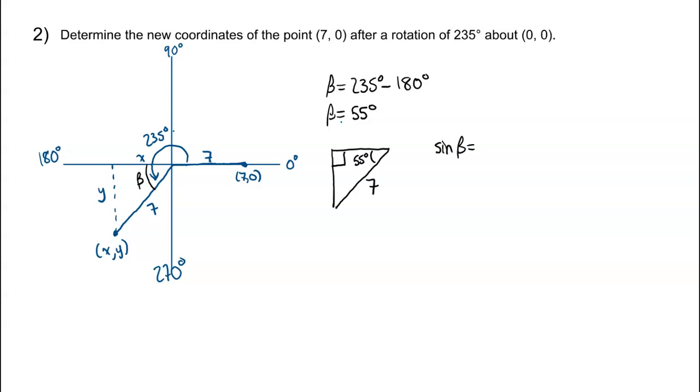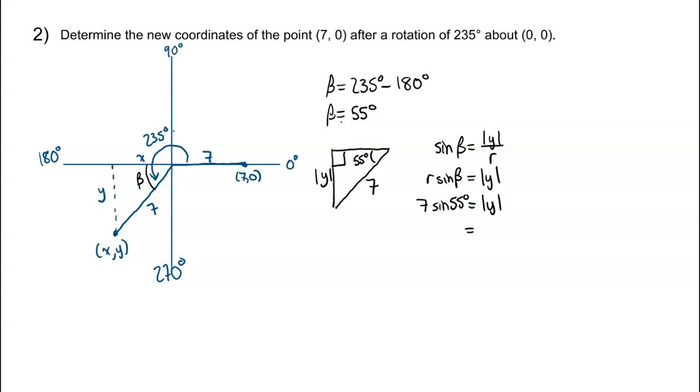Now, sine of that angle, the related acute angle beta, is equal to the opposite side, the y coordinate. We're going to focus on the magnitude of y, just the value, and not worry about the negative part right now, divided by the hypotenuse, which is r. We rearrange this by multiplying both sides by r and sub those numbers in: 7 as the r value and 55 as the beta value.